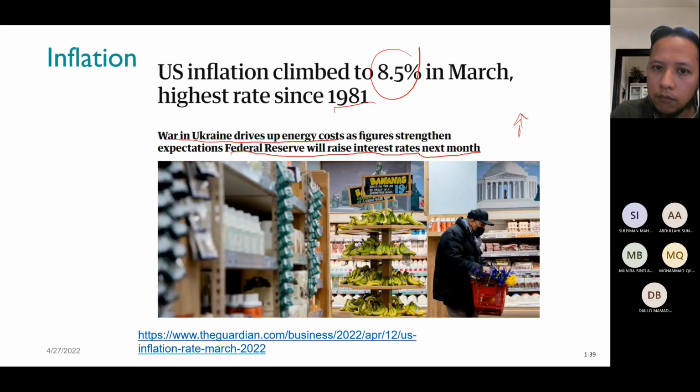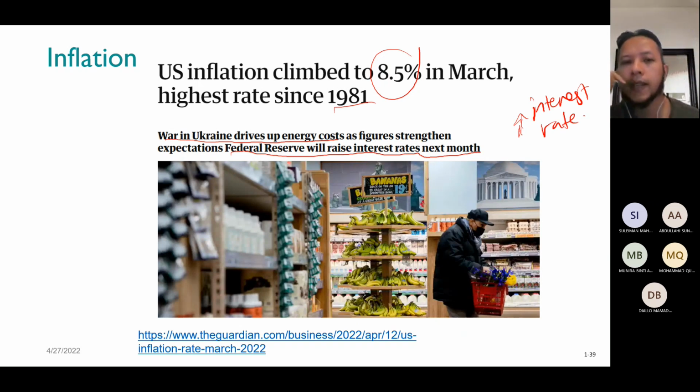We will learn this later during monetary policy. Basically the idea is that if you increase interest rate, debt or loans become more expensive. When loans are more expensive, people would not go to the bank and borrow, so they will consume less.